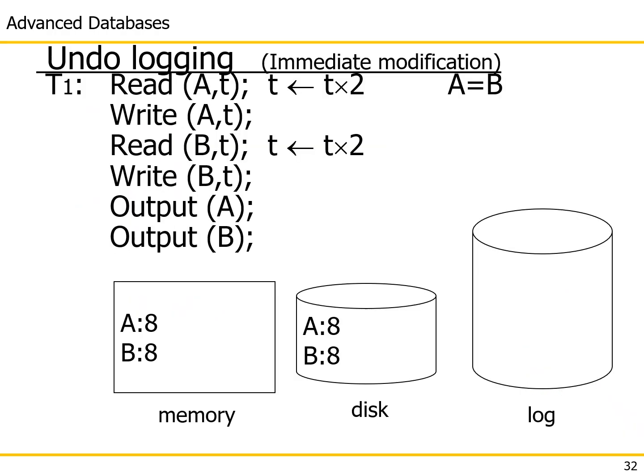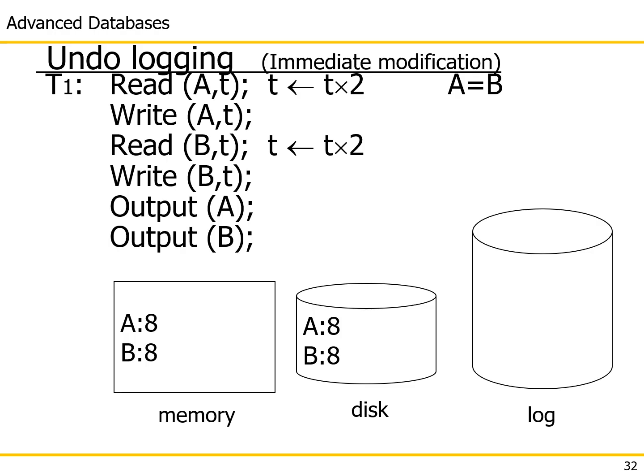Now we will look at three types of logging. The first one is called undo logging. Okay, now this is the same sequence of steps we looked at before, but now we are adding the log to the picture. Okay, the log is a file that will be written to disk that contains information about what's happening, just like what you have seen.